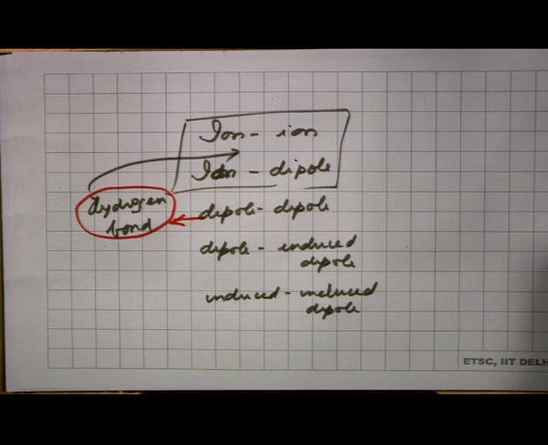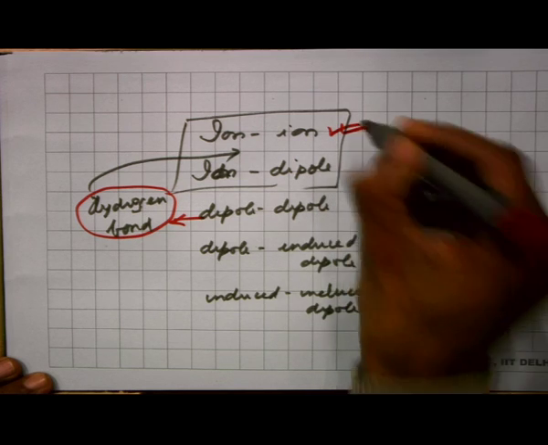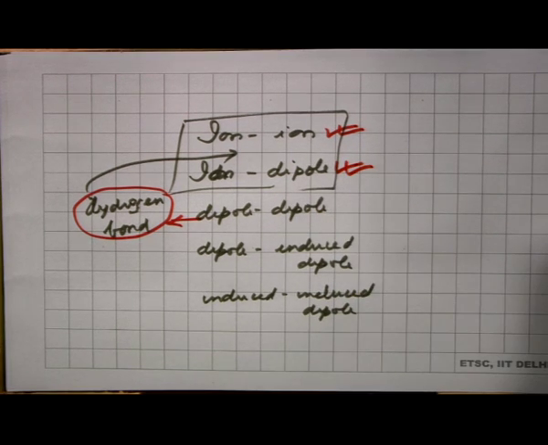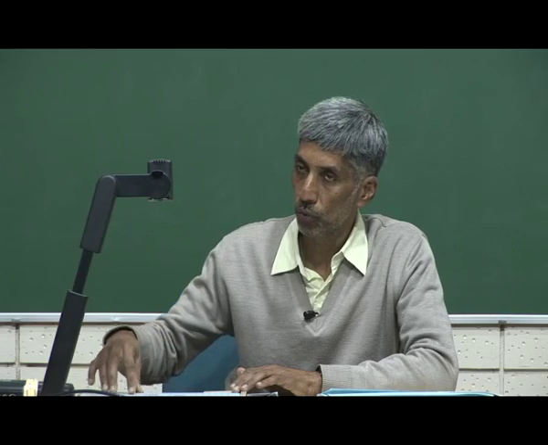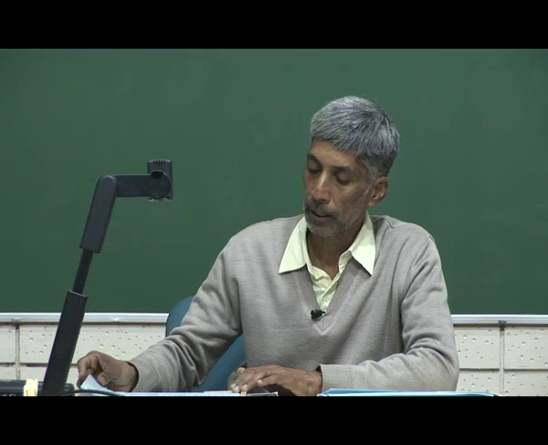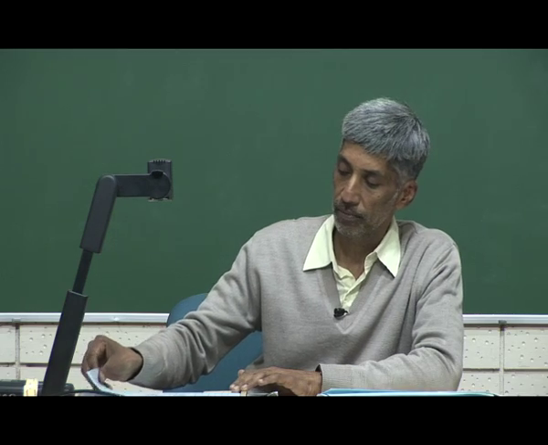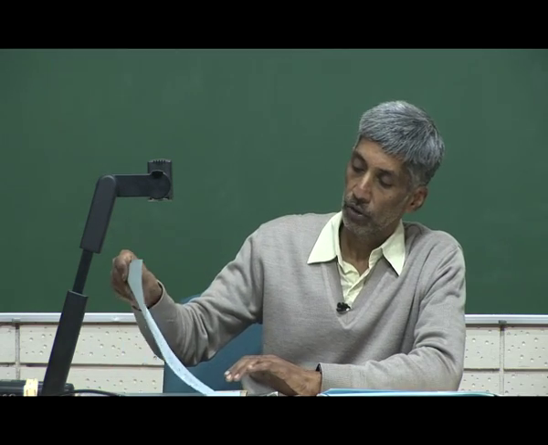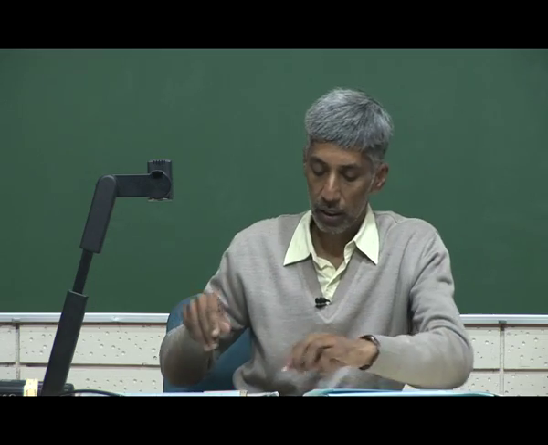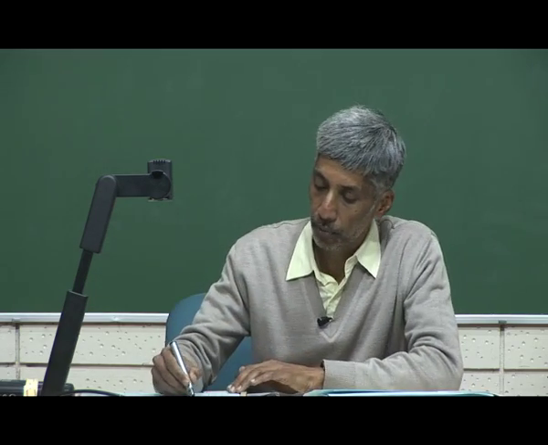Okay? So, we have done this and we have discussed this. So, you should now be in a position to identify these two forces, where it exists, then their strengths based on what we discussed in terms of their R dependence and the sizes and the charge, etc. So, the next thing that we will consider is the dipole-dipole interaction.